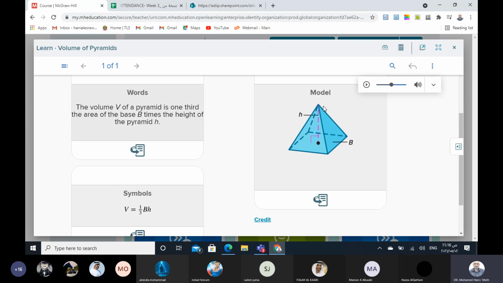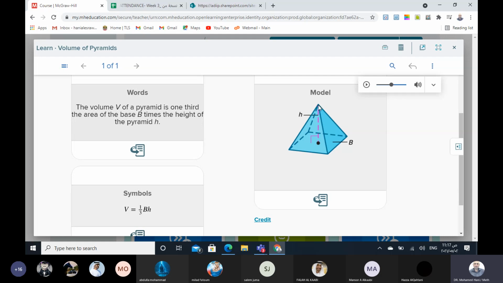This is the pyramid. The difference between the pyramid and the prism: in the prism, we have two congruent and parallel bases, but in the pyramid, we just have one base. And on the opposite side of the base, we have the vertex.